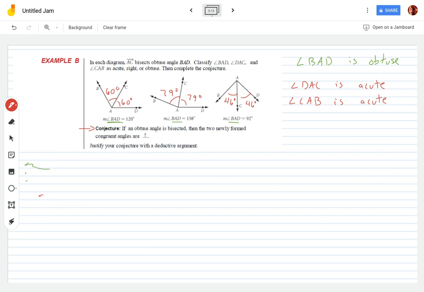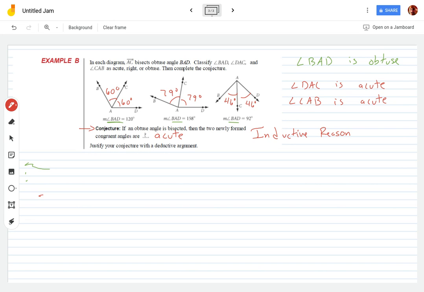If an obtuse angle is bisected, then the two newly formed congruent angles are... In all three of these examples, the congruent angles are acute. Did I say obtuse? I don't even know. They're less than 90, more than 0, so they are acute angles. So we just used inductive reasoning. That whole thing was inductive reasoning. We just looked for a pattern based on some specific examples we have.